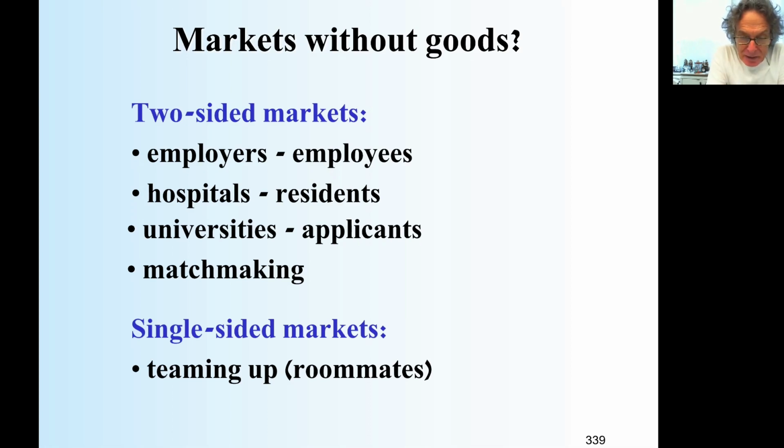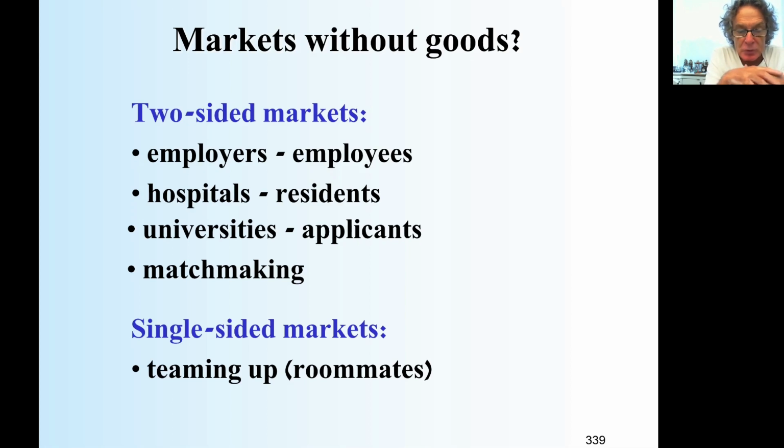But this is not very applicable. If you want to match husband to wife, that is applicable. But if you want to match employers to employees, every employee works for one employer, but one employer may hire several employees. We will call that polygamy. Monogamy is when you match, let's say, boys to girls, one girl to one boy and one boy to one girl.